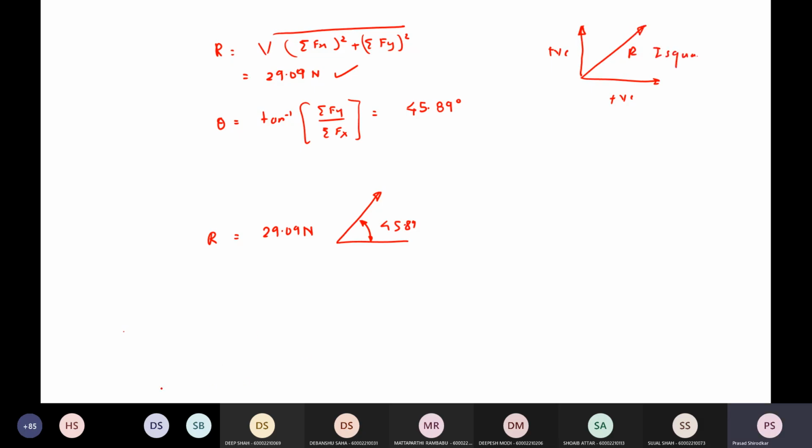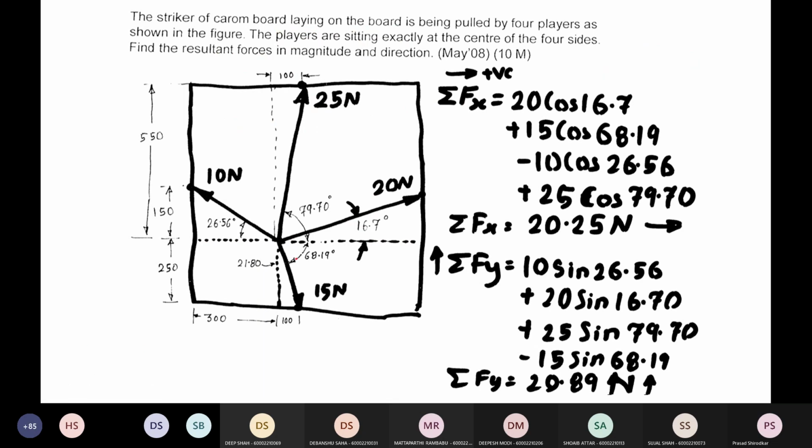So this is the resultant R, that is equal to 29.09, and your angle will be 45.89 degrees. So this is how you can represent your final answer in your diagram also. You can make this arrow slightly thick to differentiate it from the other forces.